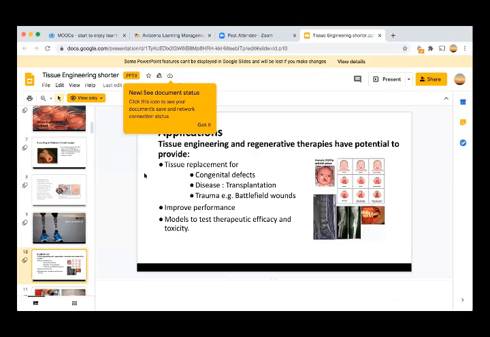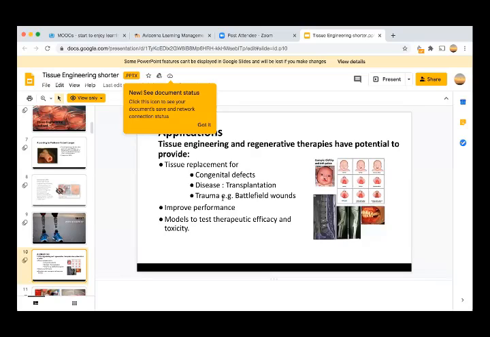So for tissue engineering, we talked about its applications, okay, where they can be used, for regenerative therapies obviously. They can be used amongst multiple congenital defects, like we said, like shown in this picture right here, cleft lip and cleft palates, okay. Other places they can be used to replace portions or whole tissues.